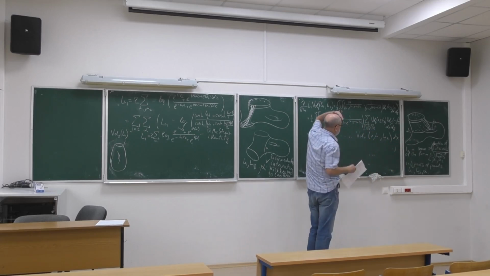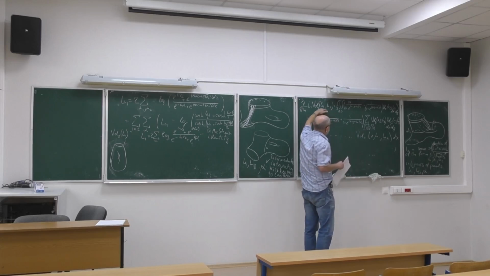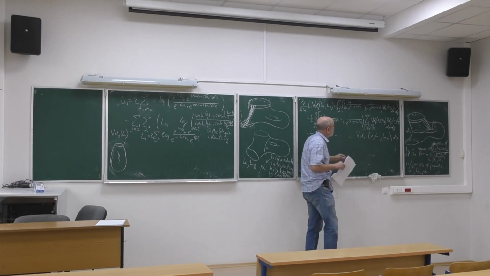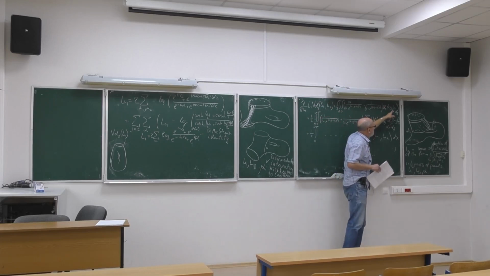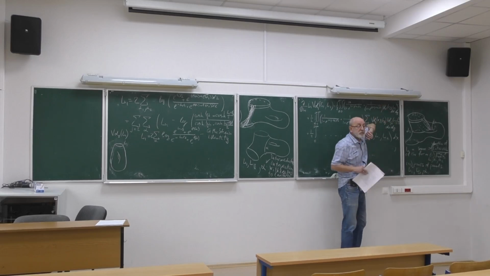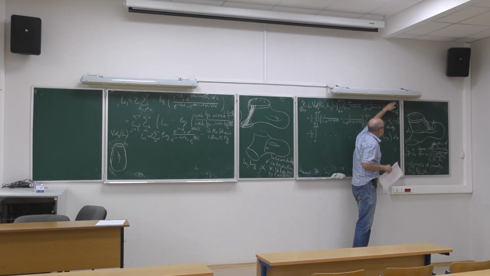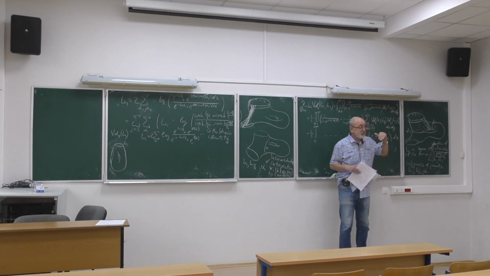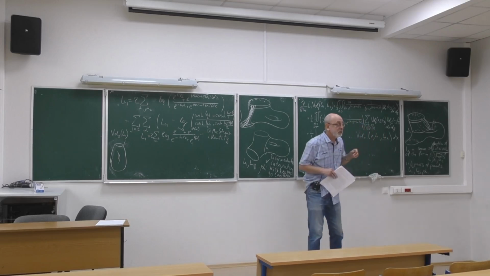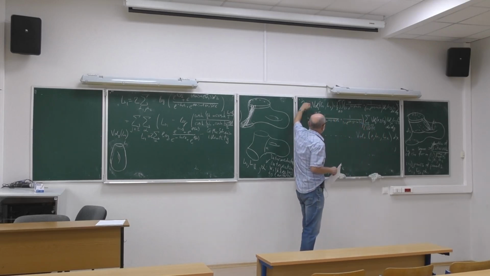What's important about these formulas? If we know that these volumes are polynomials in Li squared, we are able to deduce that this also is a polynomial.